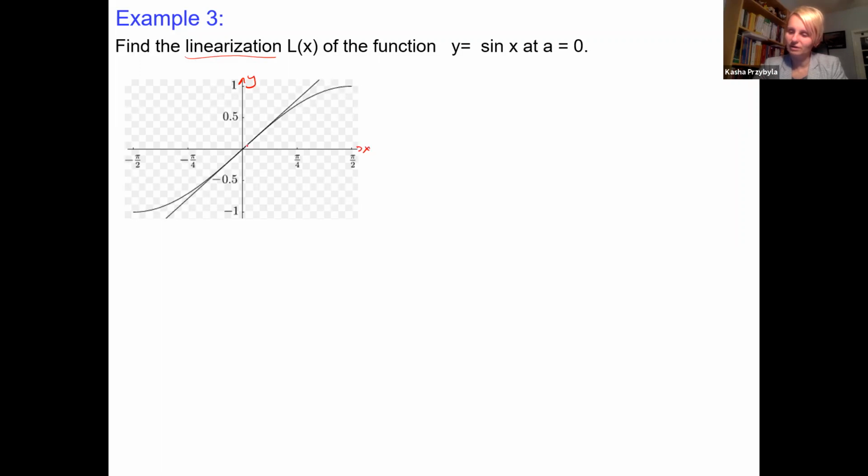The tangent line to sine at 0 is a little bit weird because it's kind of intersecting. We can still do this because a curve and its tangent line have one common point.